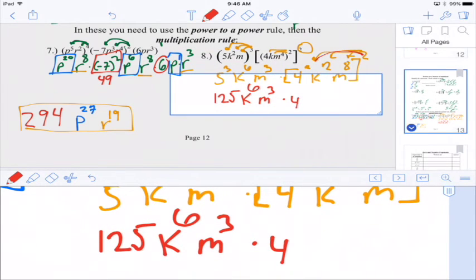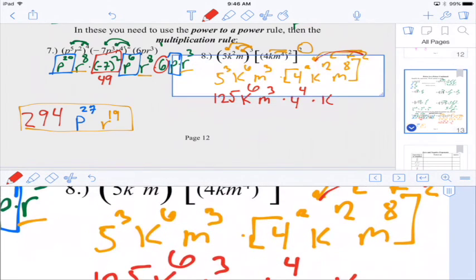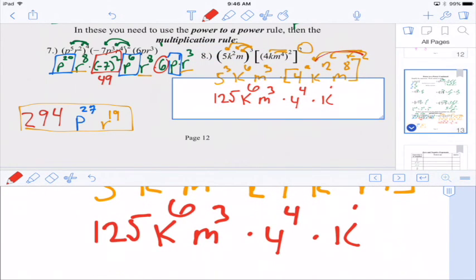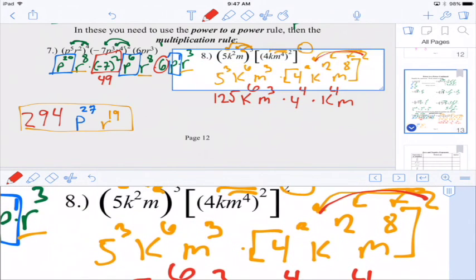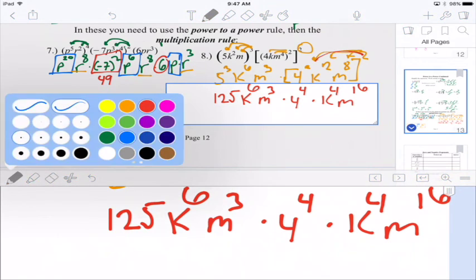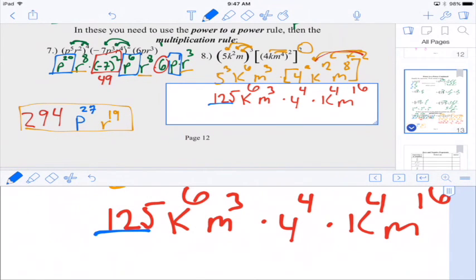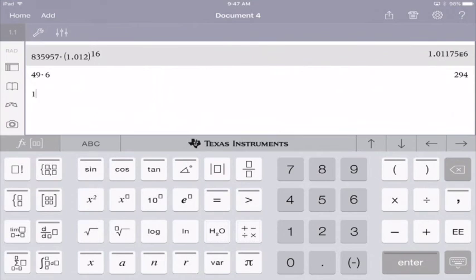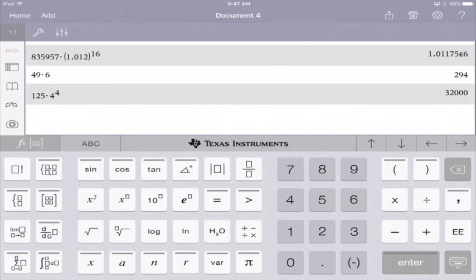So 4 to the 4th power, times k to the 2 times 2, so k to the 4th power, and m to the 8 times 2, so m to the 16th. Well, I'm going to simplify my numbers, so I'm going to use my calculator. 125 times 4 to the 4th. 32,000.